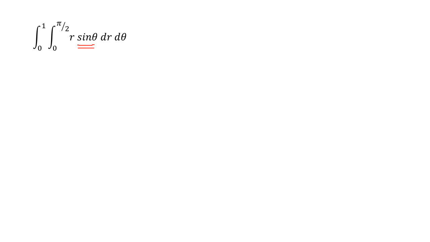So that is the integration from 0 to 1, integration from 0 to pi by 2, r sin theta d theta dr. This is equal to the integration from 0 to 1. At this particular integration, r is treated as constant.